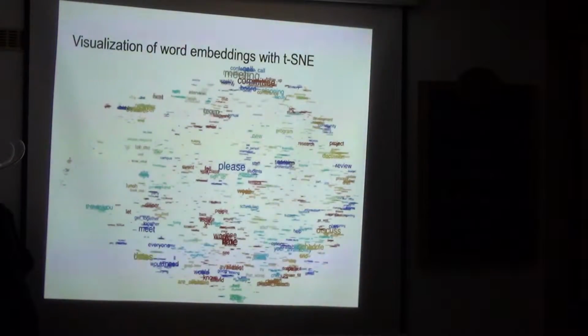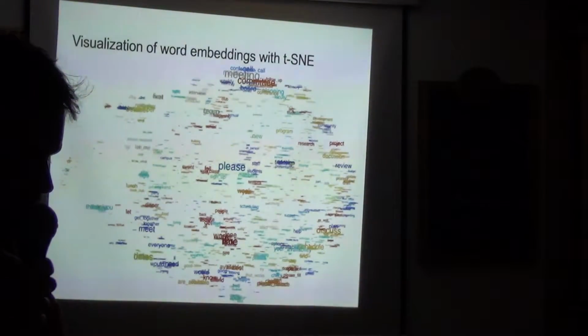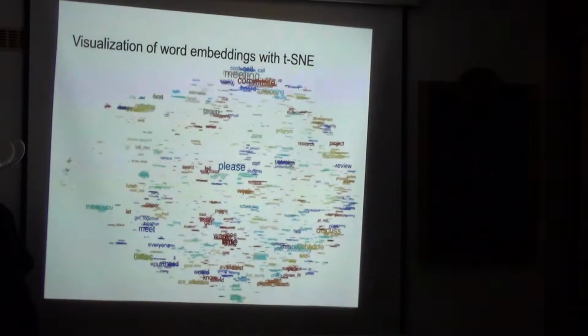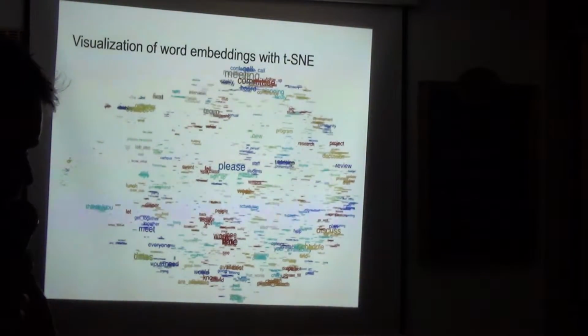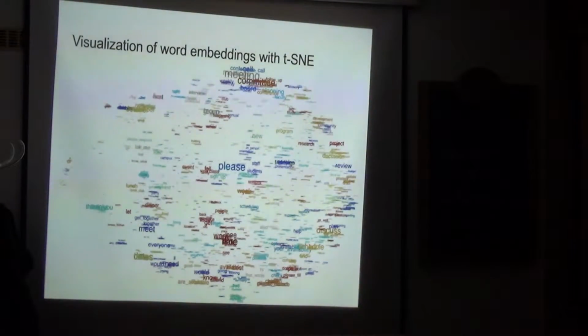Okay, and another cool thing you can do with that, you can visualize those vectors in 2D with a tool called tsne. It has multiple implementations in multiple languages, so that's very practical as well. It's basically a tool for dimension reduction.